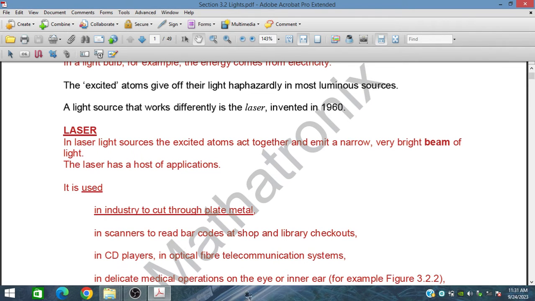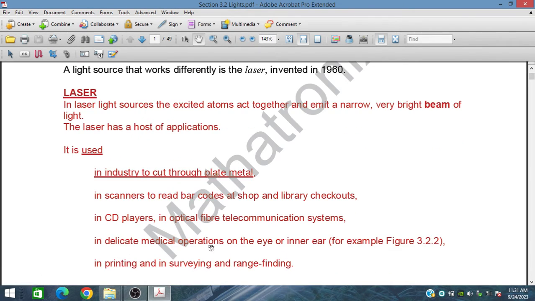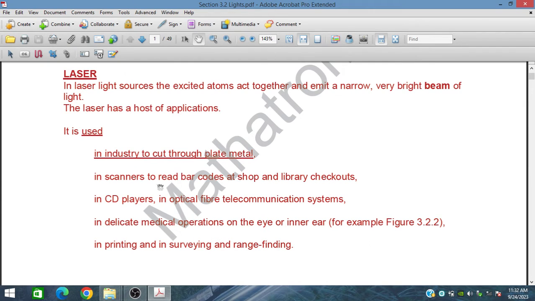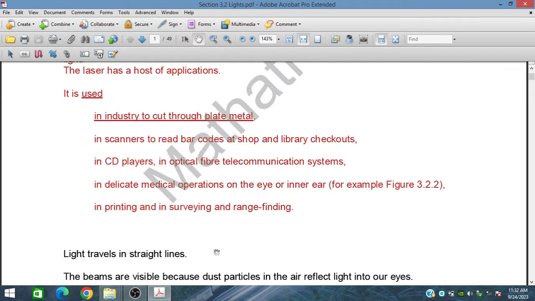Delicate medical operations on the eye or inner ears use lasers. Lasers are also used in printing, surveying and range finding. These are very important applications.